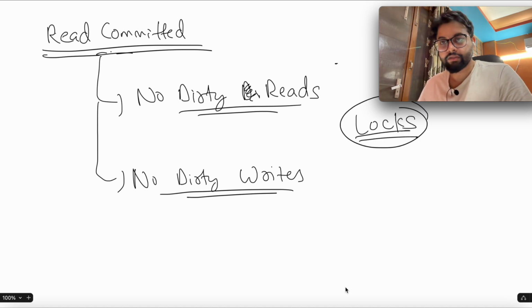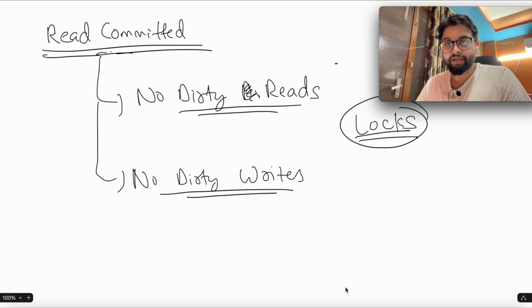We saw previously that if a transaction is trying to perform some operation on data item X, it tries to acquire a lock on top of it. It locks that particular data item so that no other transactions can perform a read or write while the earlier transaction is executing, and only once the transaction has committed successfully does it release the lock from the data item, and then other transactions can perform their operation or acquire their lock on it.